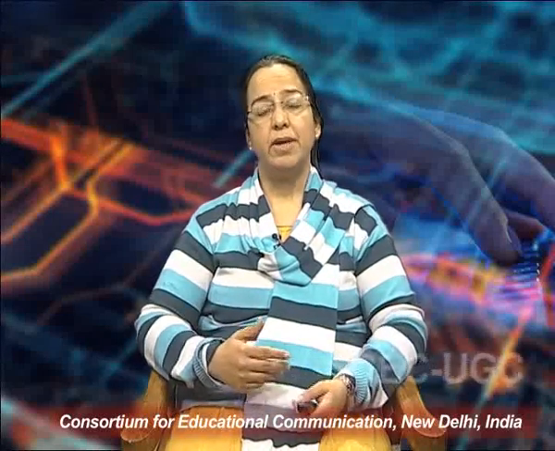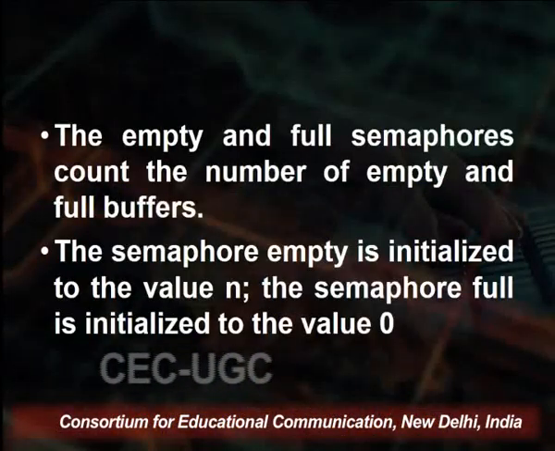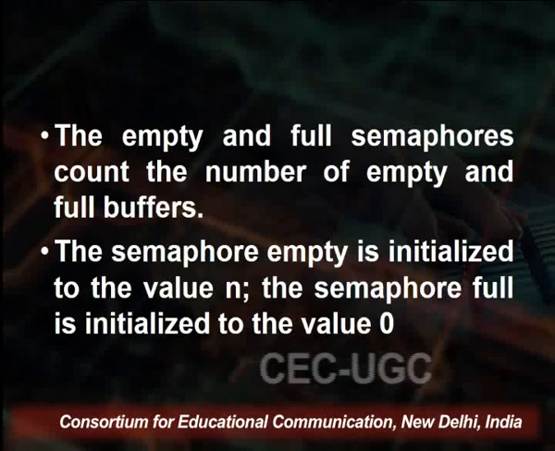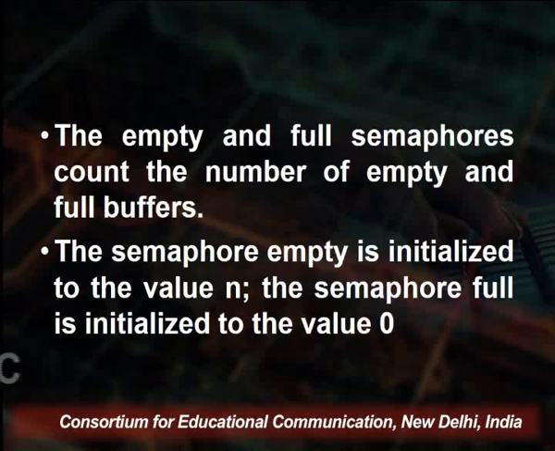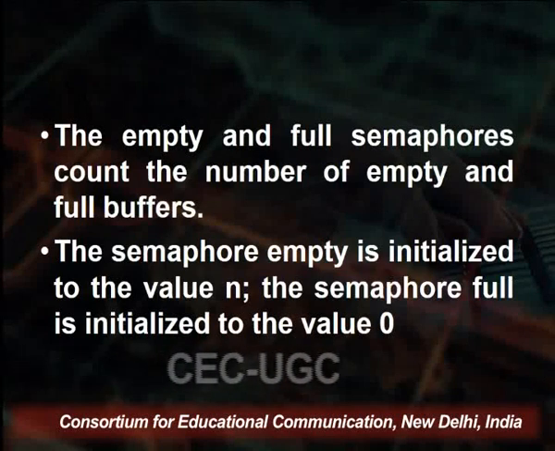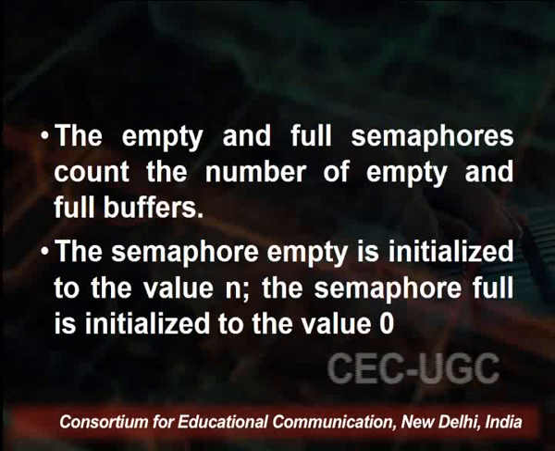Apart from this, we have two more semaphores, which are empty and full. Empty keeps count of the number of empty buffers, and full, as the name indicates, keeps the count of full buffers.